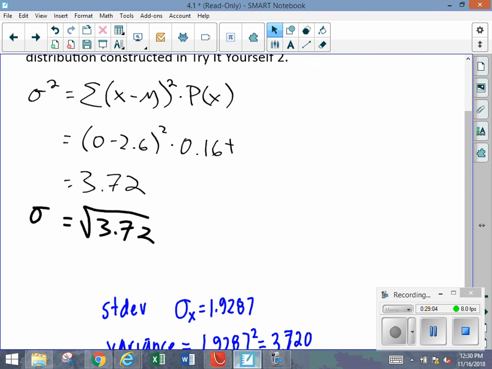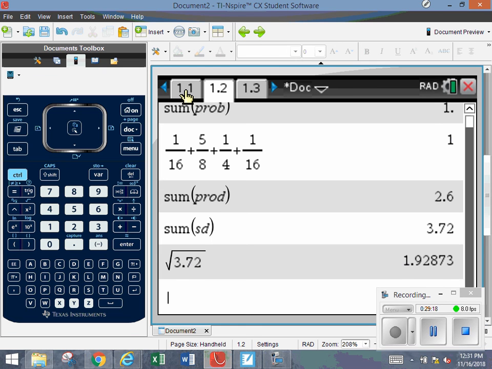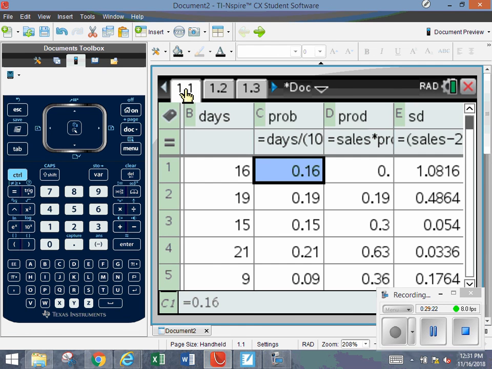You use that to like solve off the column, right? Like the last column that you used. Yes. You're asking which column did I use? SD. Yeah, so I summed everything in this column SD, and then took the square root, and that gave me my standard deviation.